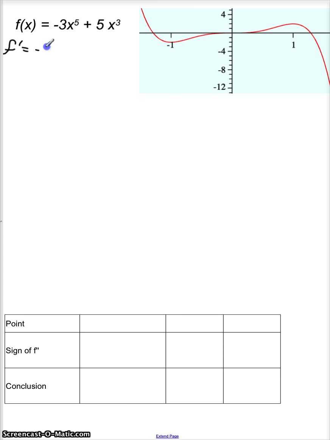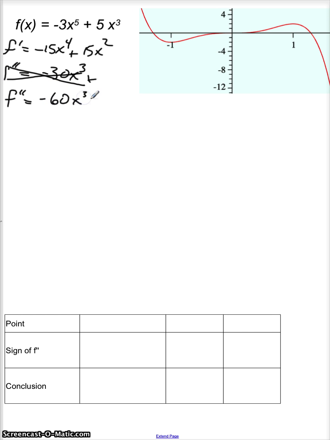F prime is negative 15x to the 4th plus 15x squared, and f double prime is negative 60x cubed plus 30x. Sorry about that. Make a mistake on the AP test, just cross it out.